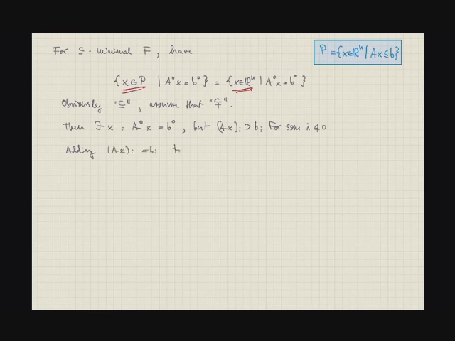I can add that to the system that I already selected, right? And that would give me an augmented system, say A prime, b prime, now with one row more and one right-hand side element more.